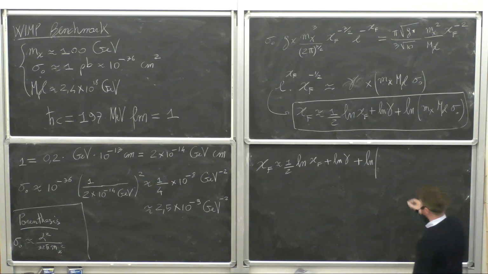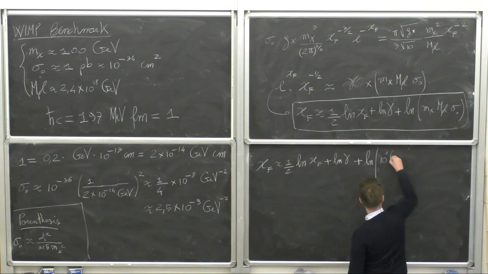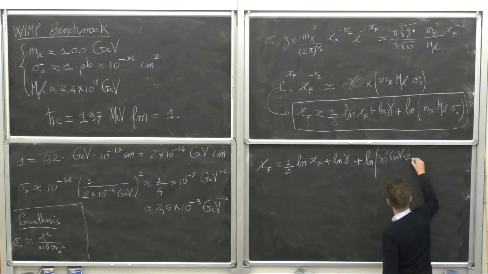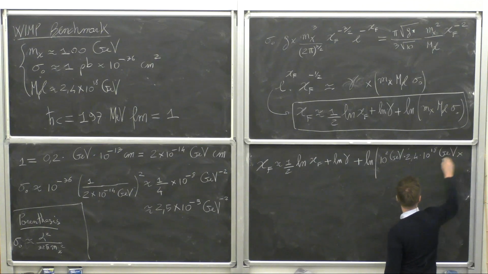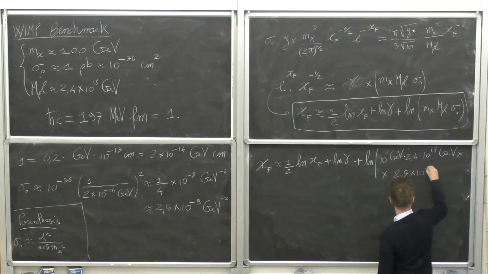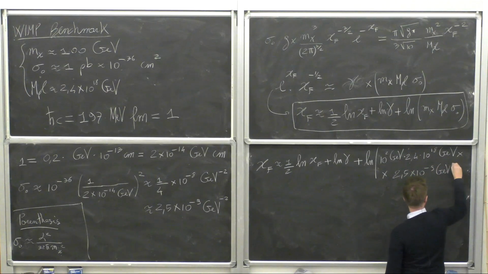So 10 to the 2 GeV, this is a dark matter mass, hundreds of GeV. Planck mass, 2.4 times 10 to the 18 GeV. And then the cross section is 2.5 times 10 to the minus 9 GeV to the minus 2.